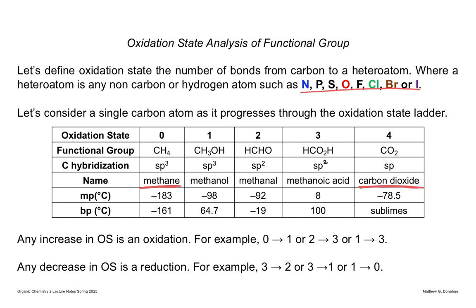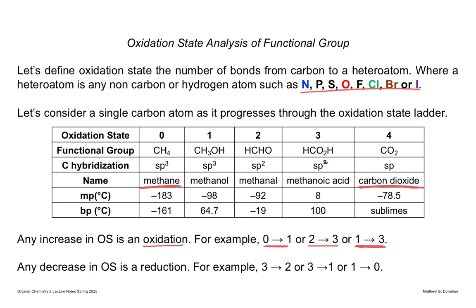So an increase is called an oxidation. And notice these jumps here. So 0 to 1, you can go 1 to 2, 2 to 3, and then this one right here, 1 to 3. So the difference between them can be 1 or it can be 2. And that, again, will all depend on what reagents you're using in the reaction.